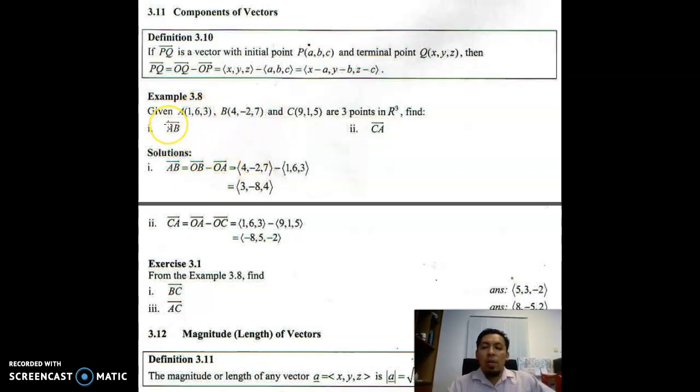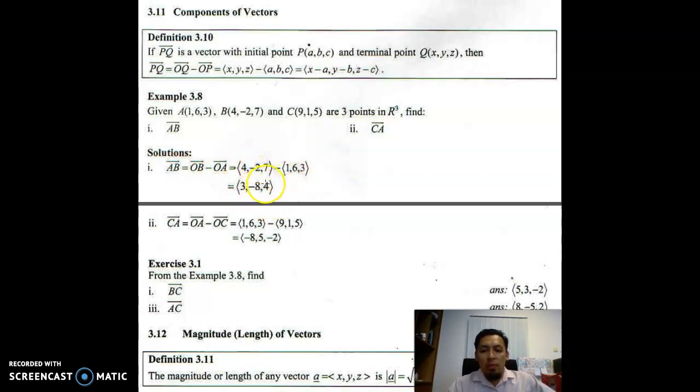For example, to get the vector of AB, you will need to subtract A from B, right? So the vector of B is this same value, different bracket, because it becomes a vector. And then for this one, A, like this, you subtract, you will get the difference between A and B, right? So B minus A, you will get this.